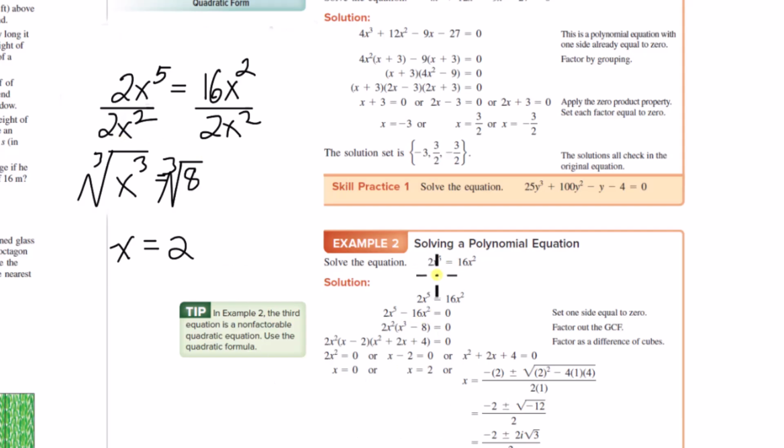2 to the 5th is 32. 32 times 2 is 64. 2 squared is 4. 16 times 4 is 64. That is a solution. However, because we divided both sides by an x term, this is one of the cases we've talked about where we have to come back and check.